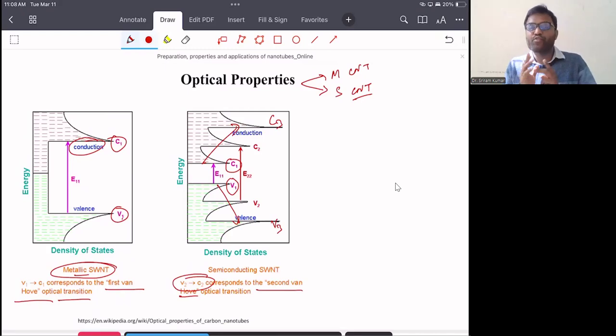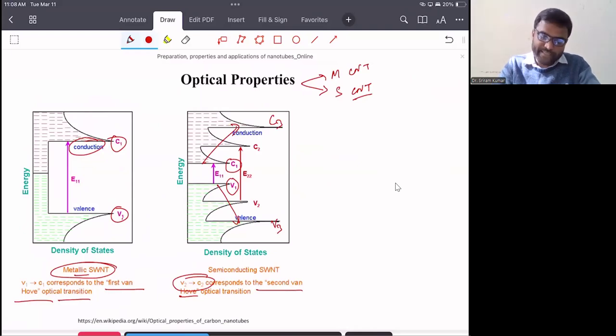So here we have two kinds of CNT, metallic CNT and semiconducting CNT, and based on these different properties, different transitions happen. In metallic CNT, the energy gap from V1 to C1 is higher as compared to the energy difference in the semiconducting CNT from V1 to C1 and V2 to C2.